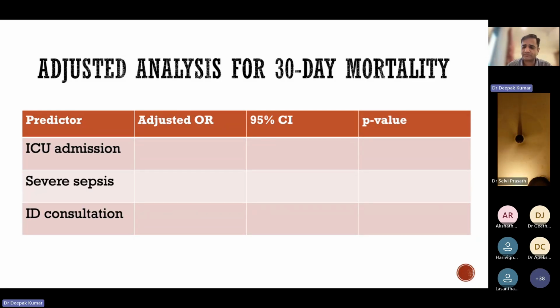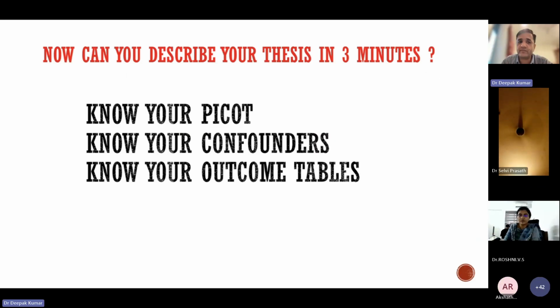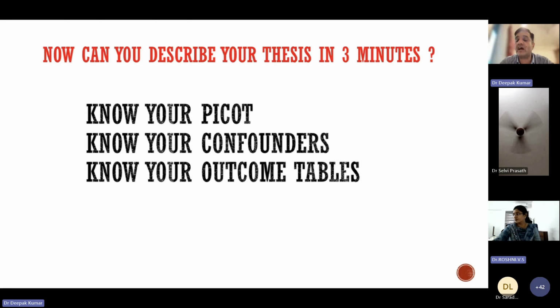I think it is not difficult. These three lines we have to remember when we are selecting any clinical project or clinical research or thesis topic. We must know our PICOT very clearly. Then we must know the confounders which are going to impact our outcome. Outcome could be different for the same population, intervention and comparator.